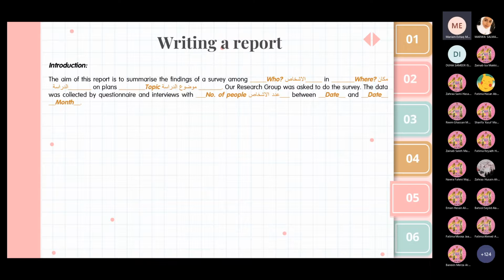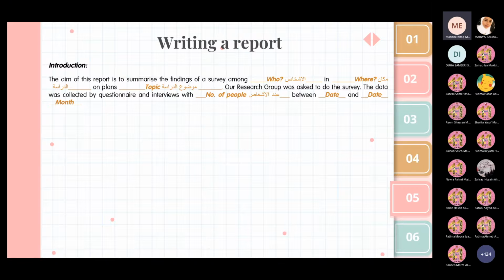First and foremost, we have the introduction part. In the introduction, you are going to write the aim of the report. First you're going to start with: the aim of this report is to summarize the findings of a survey among, and then you're going to write who this report was taken among.